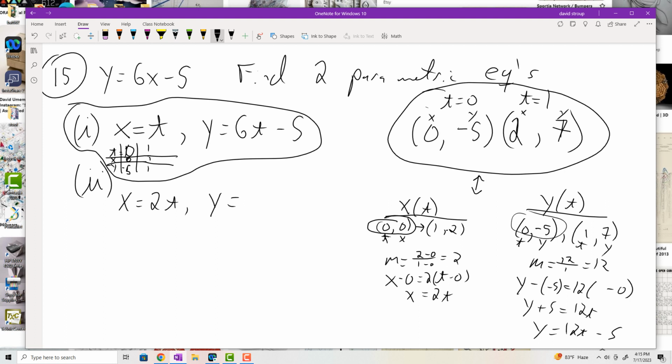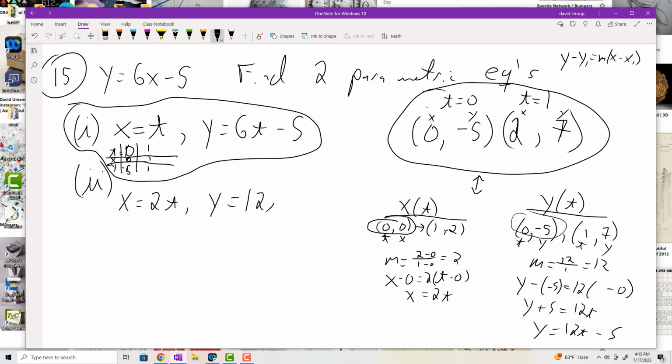So I'm basically using the point slope equation from pre-algebra, where it goes y minus y1 equals m times x minus x1, except I'm using different ordered pairs. Instead of x comma y, I'm using t comma x, or t comma y, right?